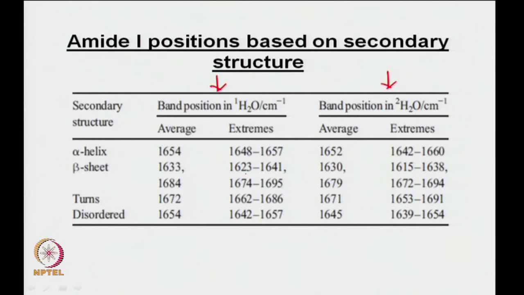Also, you can look at this, there is another band at 1684. Now, this is typically observed in antiparallel beta sheet aggregates, right, and these are the extremes which are given. The second column obviously are giving you the corresponding frequencies in D2O, then you have turns and then the disordered regions, right.